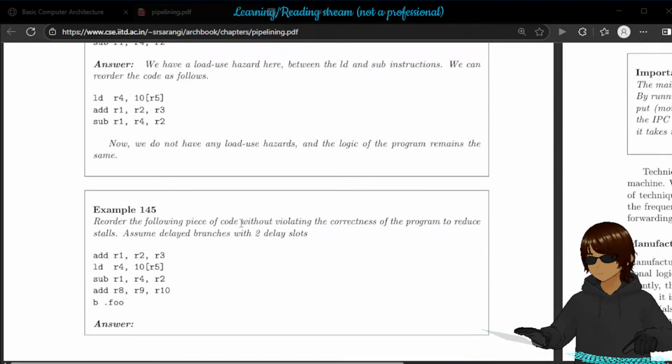Reorder the following piece of code. Assume delayed branches with 2 delay slots. Add, load, subtract, add, branch to foo.